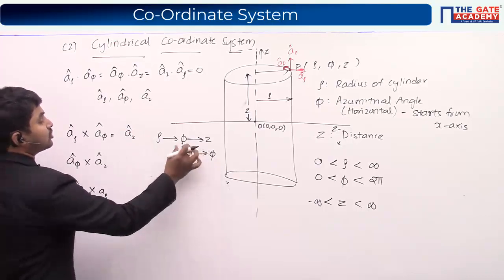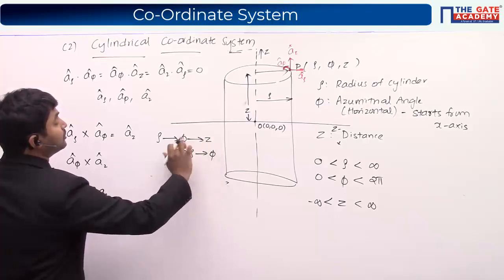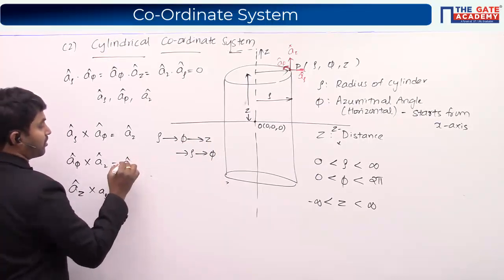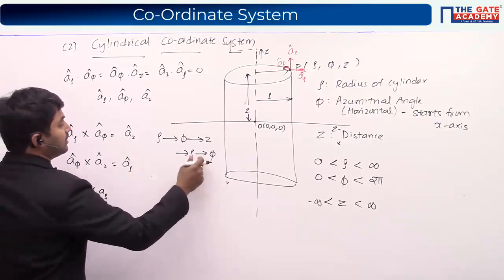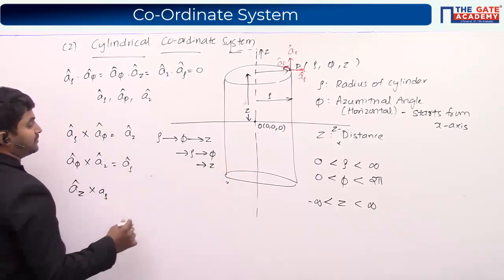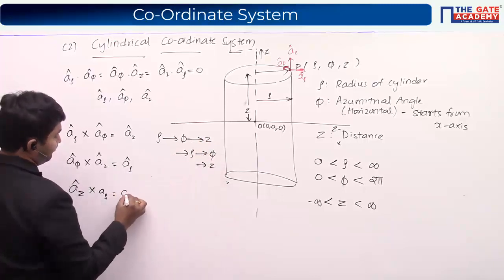Similarly, if I do the cross product between phi and z, A phi cross Az, I am going to get the normal to both of them, which is aero. And if I do Az cross aero, I'm going to get A phi.